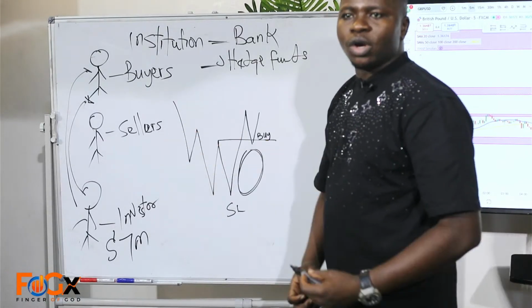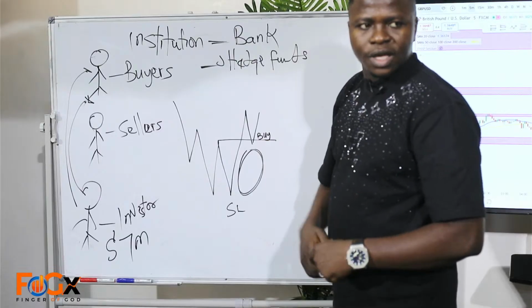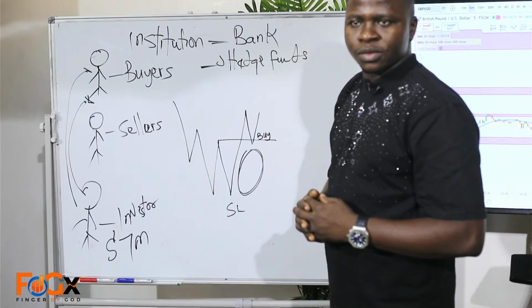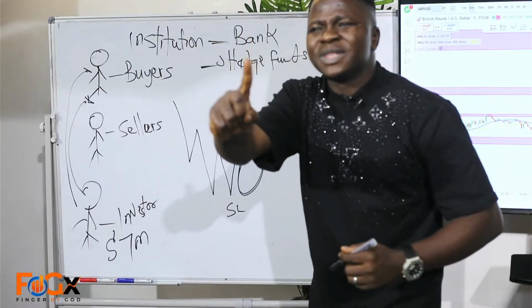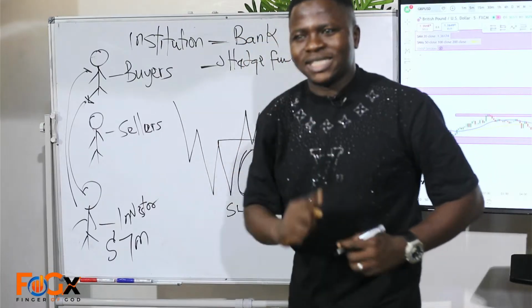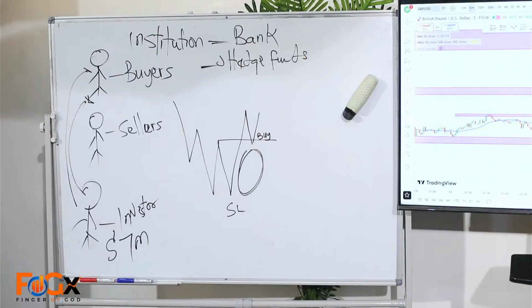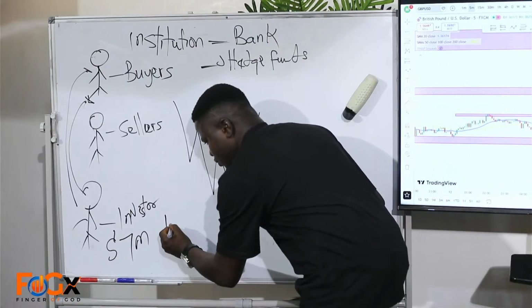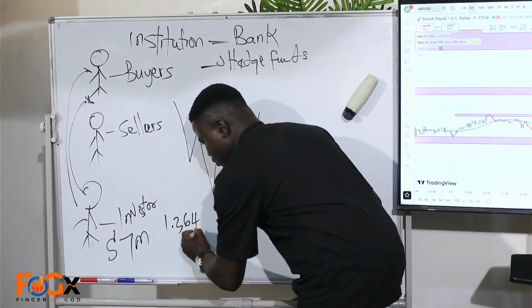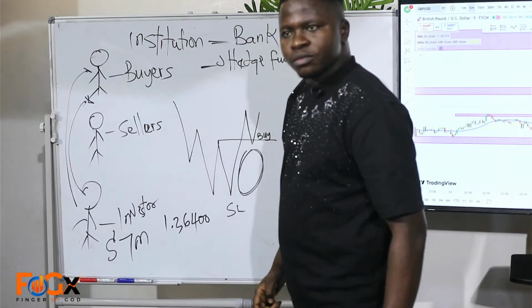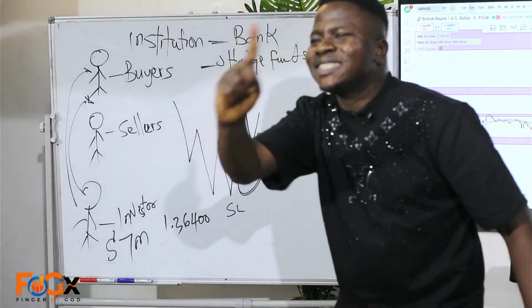Help me buy dollar against pounds. And then he tells them the price to buy it. They buy it for me at 1.36400.